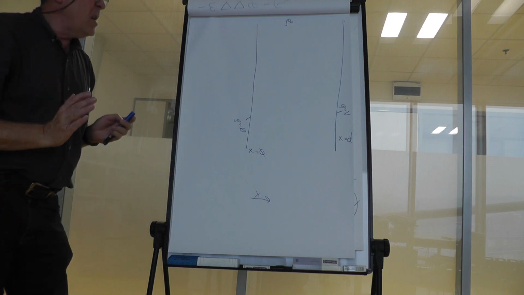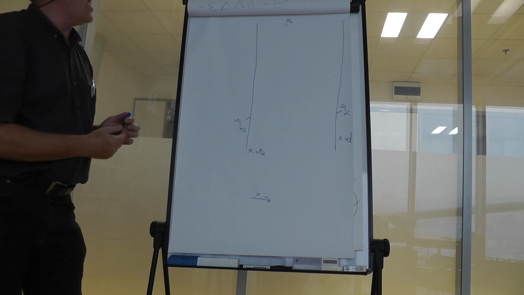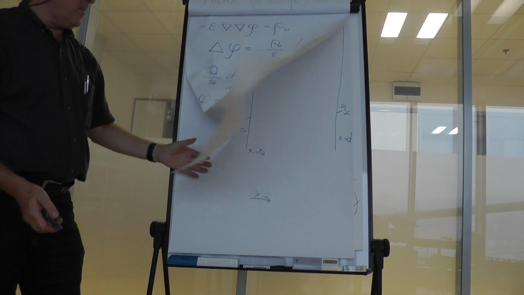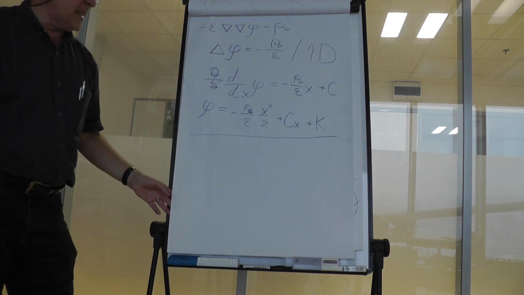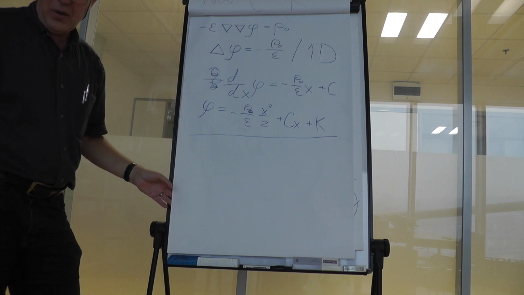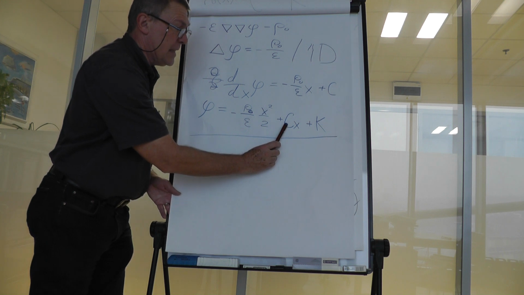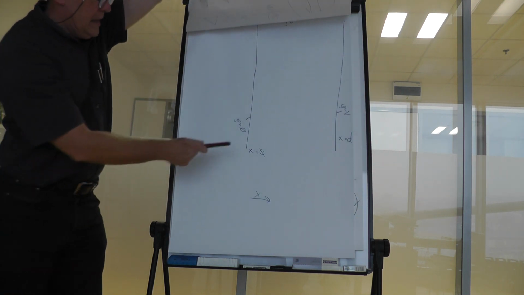And now let's get to the solution. We again have a general solution, as I said, and we will have to investigate it for the two boundary conditions, hoping to establish those two constants C and K.